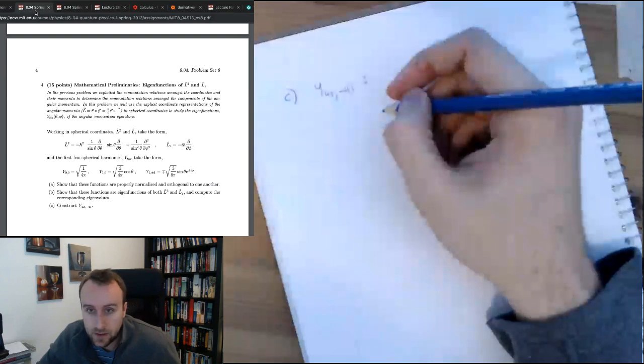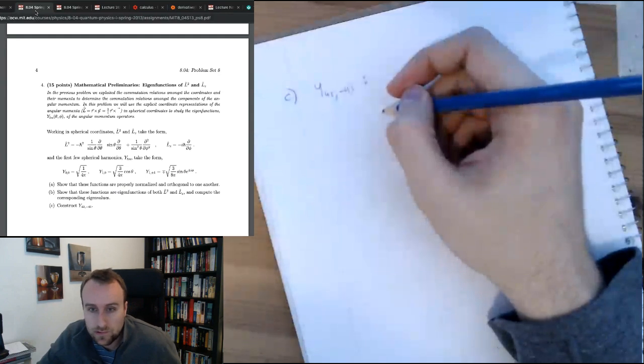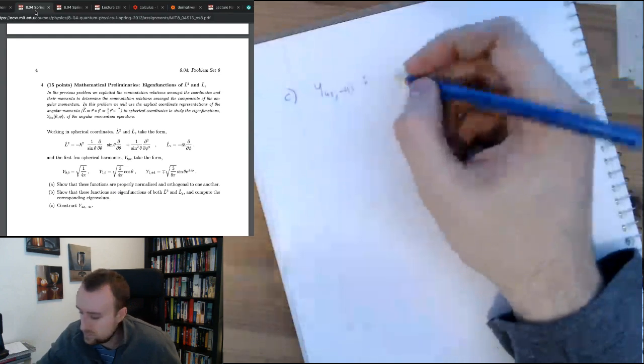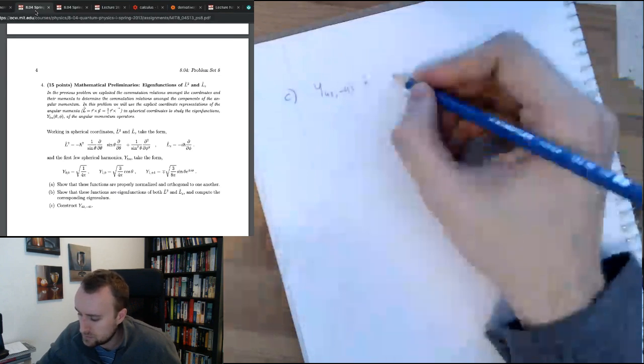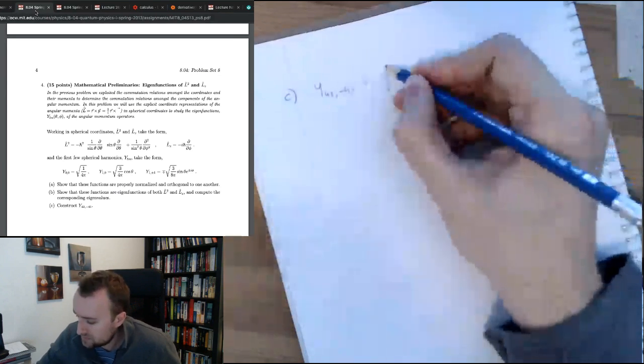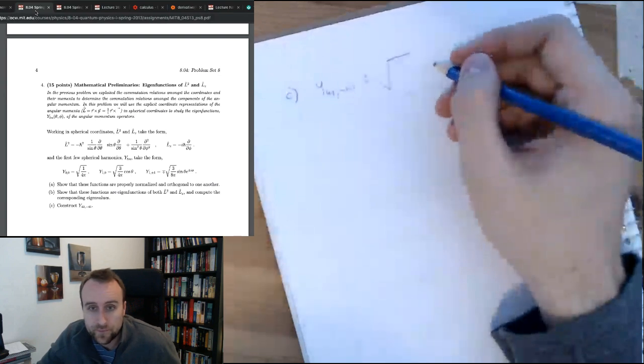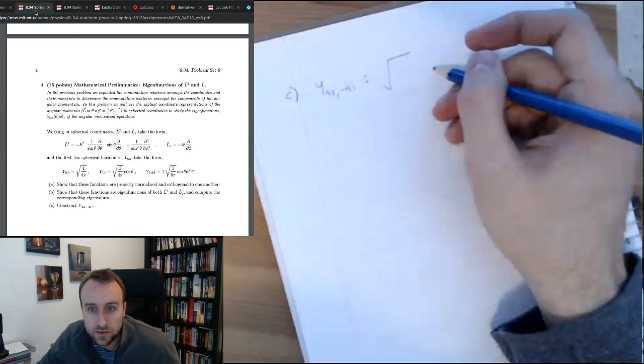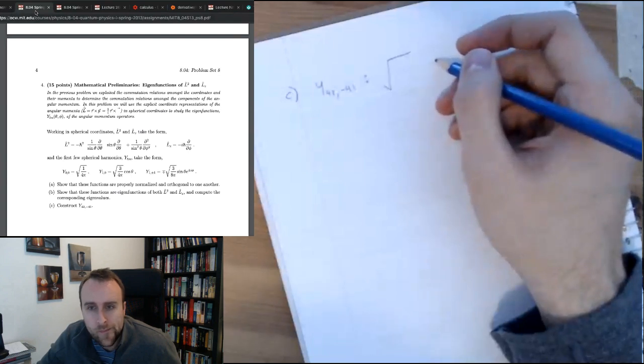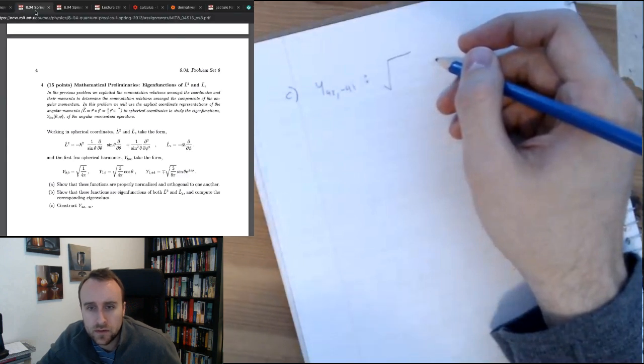Let's see. We're going to have... This is going to be what? Some root. The cosines are odd. This is an even one. I think we take the sum to get the odd or even.